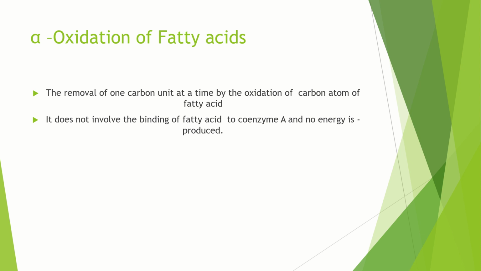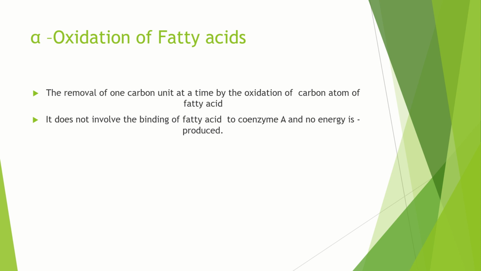And now we will see alpha oxidation of fatty acids. So beta oxidation of fatty acids is the most common one, because mostly the fatty acids are oxidized on the beta carbon atom of the fatty acids. But alpha oxidation is also possible.